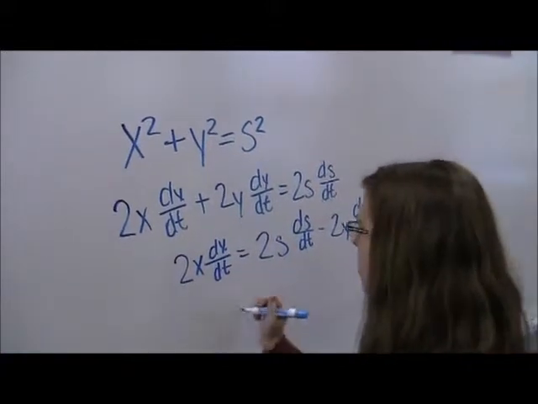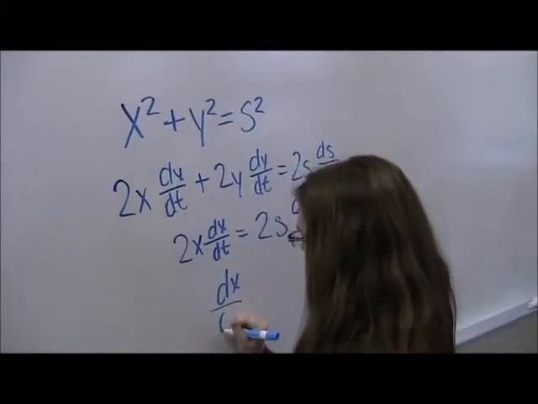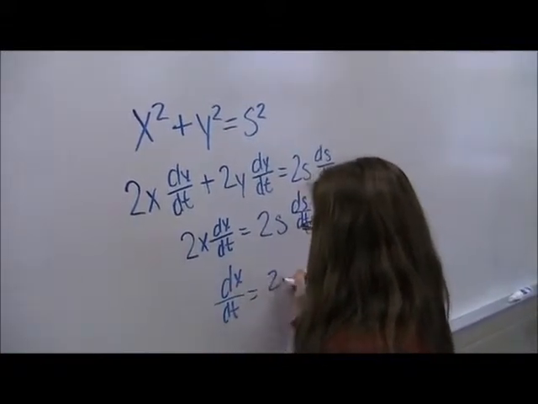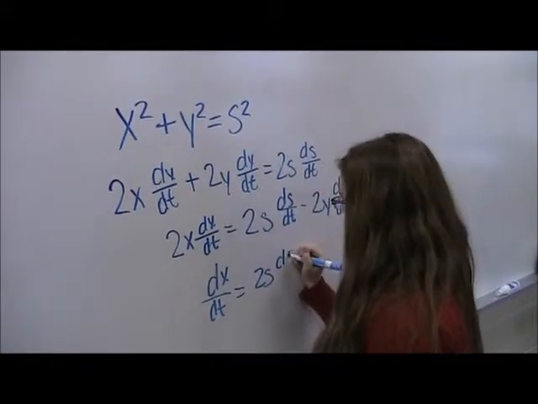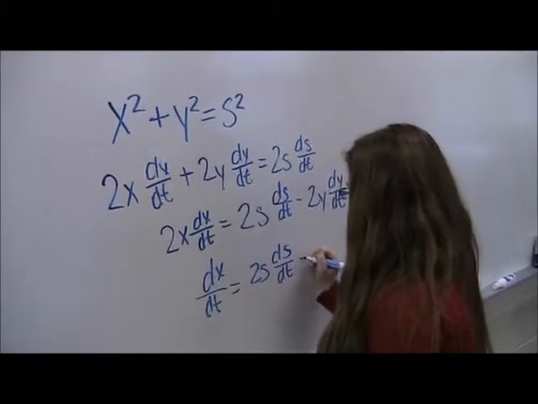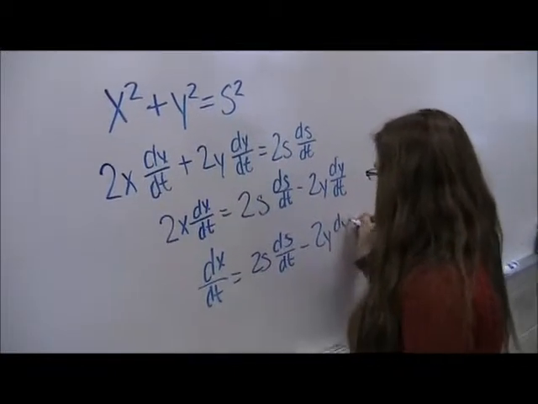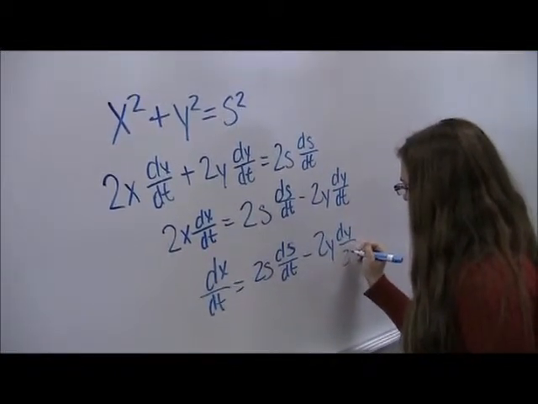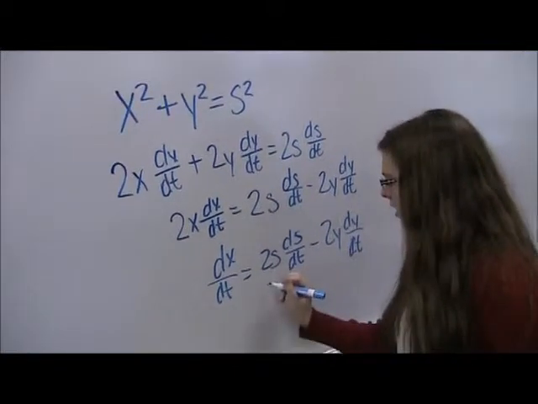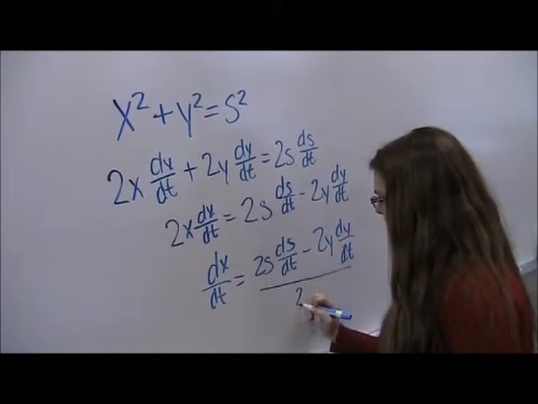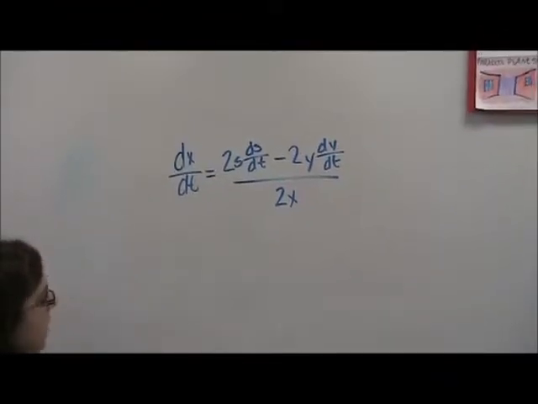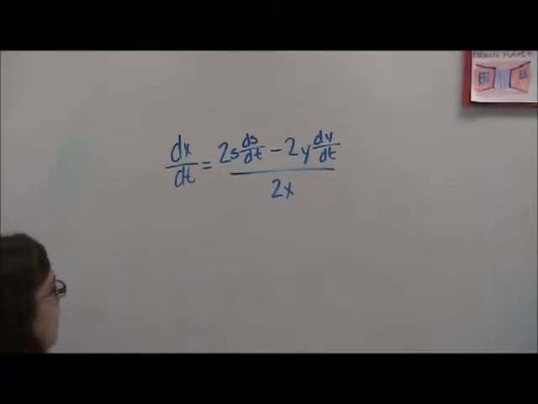And then you divide by 2x. So dx/dt equals 2s ds/dt minus 2y dy/dt, divided by 2x.